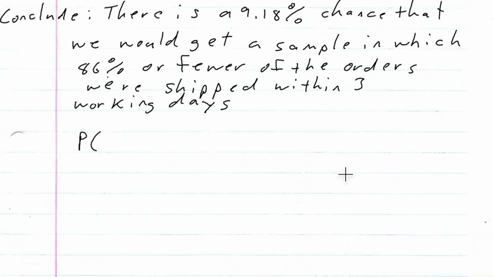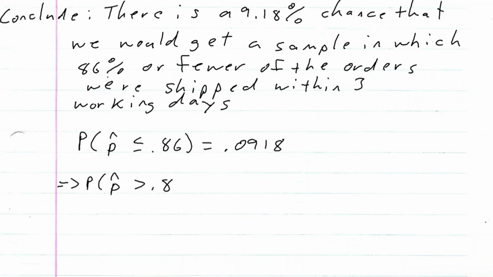If the probability that p hat is less than or equal to 0.86 is equal to 0.0918, this means that the probability that the proportion of the orders that arrive within 3 days is bigger than 0.86 is 1 minus 0.0918, which is about 0.9082, so about 90%.